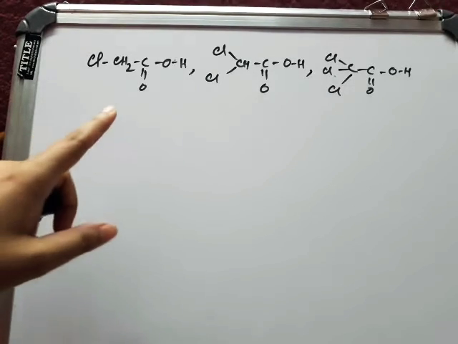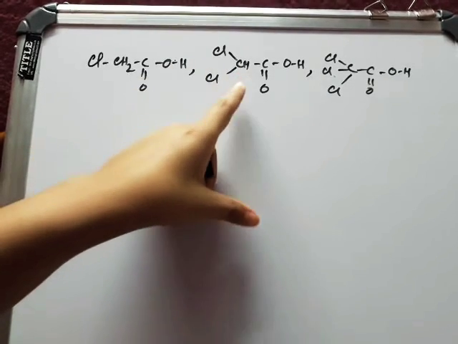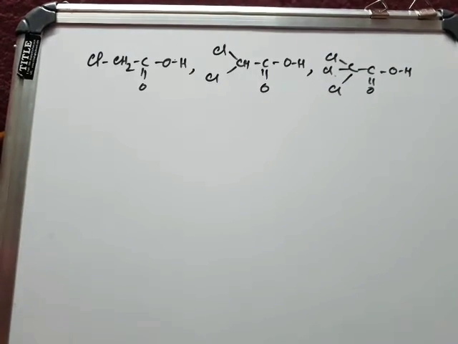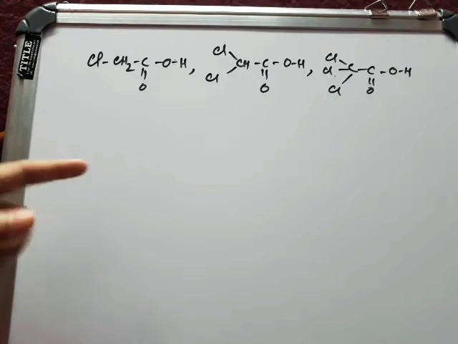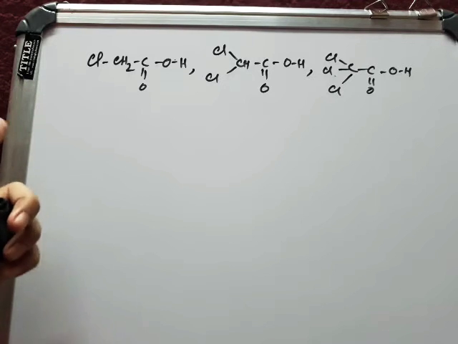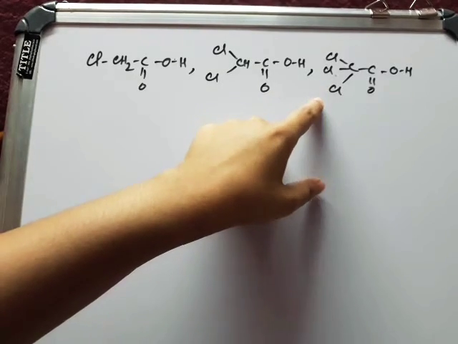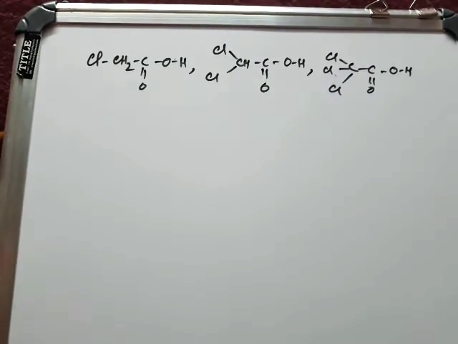Now suppose this one here, chloroacetic acid, dichloroacetic acid and trichloroacetic acid I have taken. So which one is most acidic? That will depend upon the number of electron withdrawing substituents. So it is said that if more number of electron withdrawing substituents are there, that will become more acidic. Why?